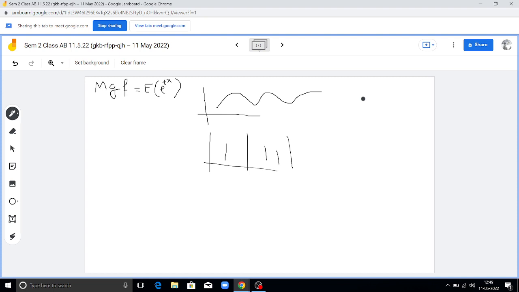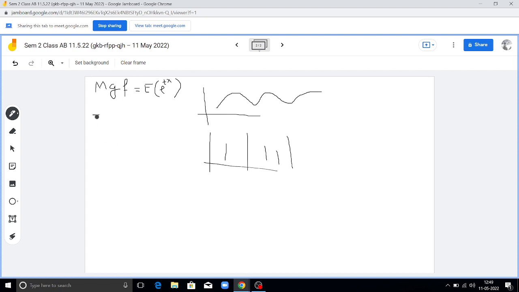Steep, you understand? How steep the curve is. So these moments can be understood from the MGF. That is why MGF's full form is moment generating function.